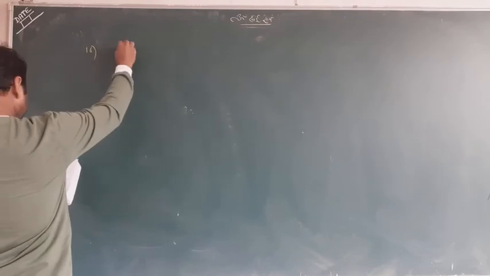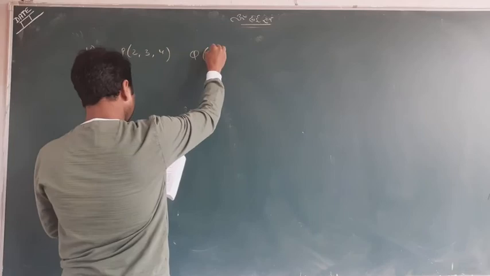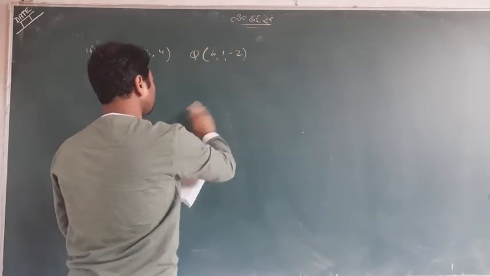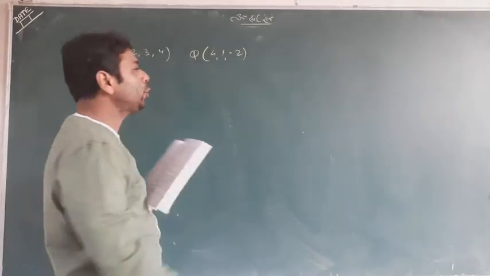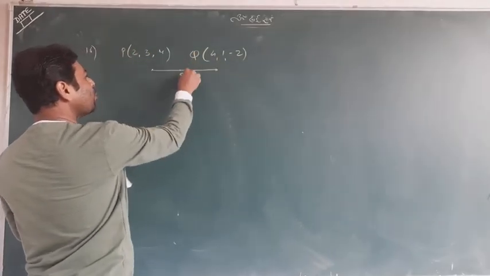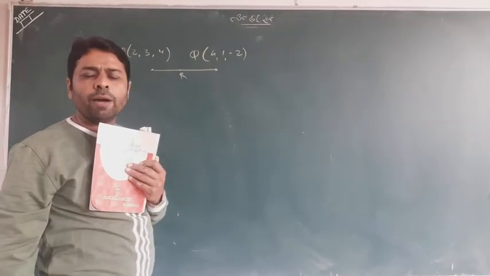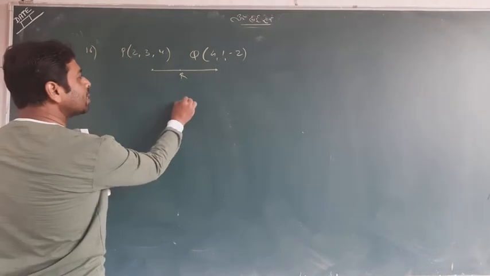What is question 16? You are told P is (2, 3, 4) and Q is (4, 1, minus 2). You want to find the position vector of the midpoint of the line joining P and Q. So this is P and this is Q. Suppose it is R. You want to find the position vector of R when it is a midpoint. Do you remember this concept?